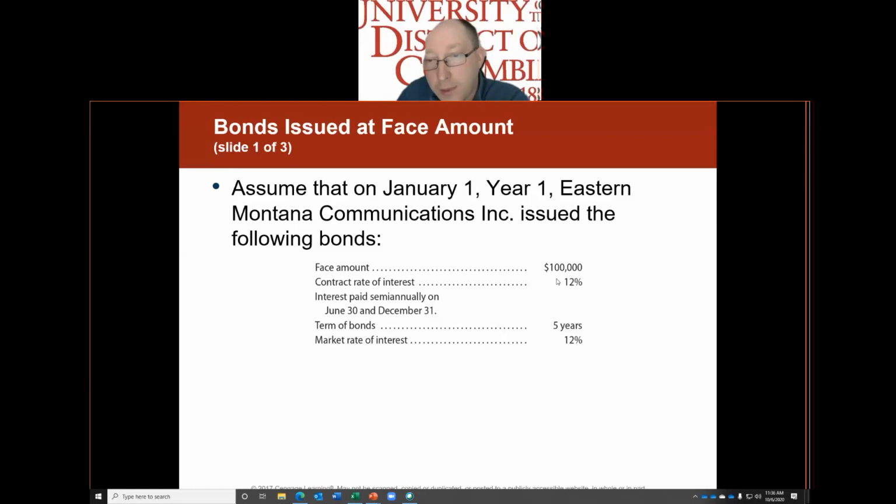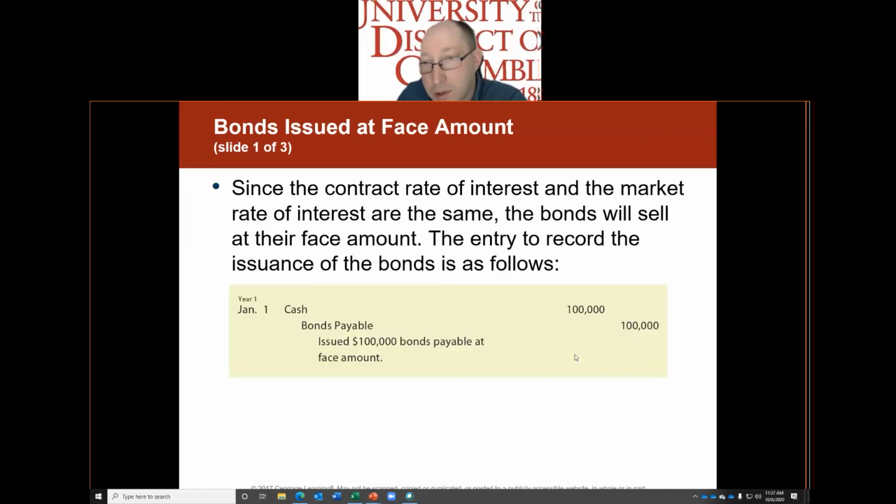In this situation, the contract rate is 12% and the market rate is 12%, so we know there won't be a difference. Because there won't be a difference, there is no discount and no premium. Discount and premium only exist when there's a difference between the market rate and the rate of the bond.